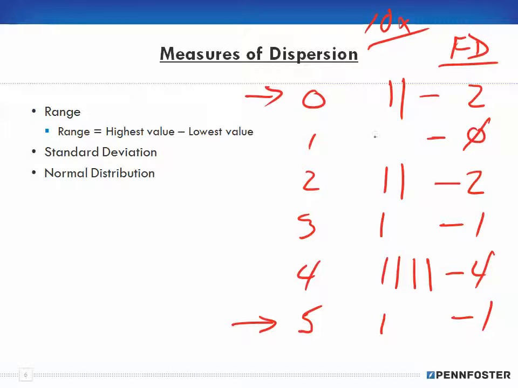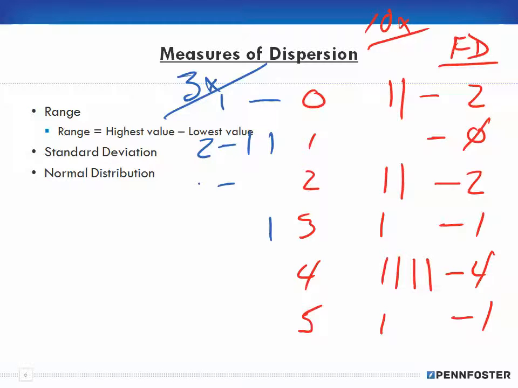But let's say I only pulled them out 3 times. Let me just theoretically show you this. The first time we get a 1, the second time we get a 1, and the third time we get a 3. So my frequency distribution for 0 is none, for 1 is 2, for 2 is 0, for 3 is 1, for 4 is 0, and for 5 is 0.